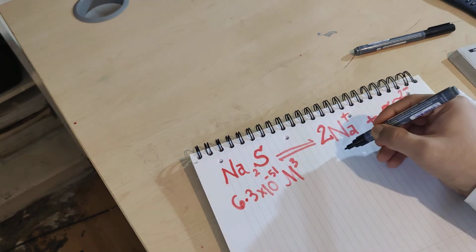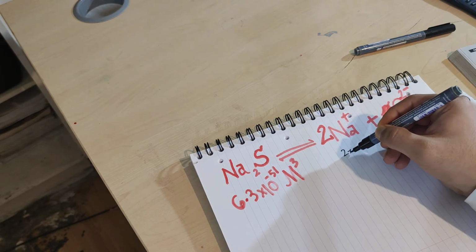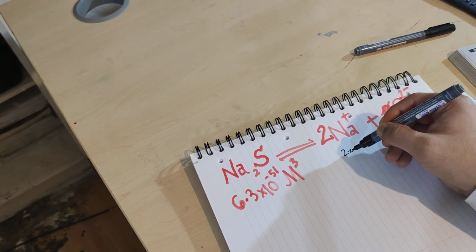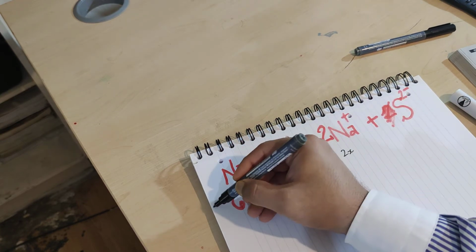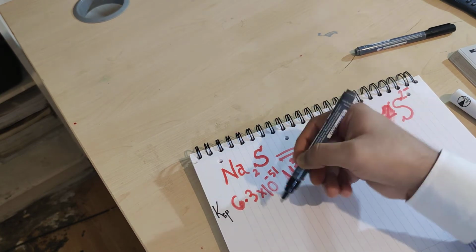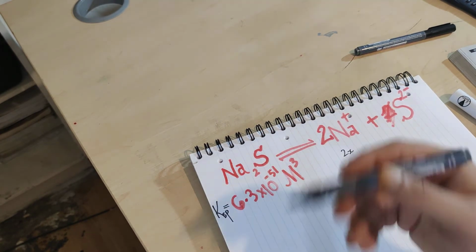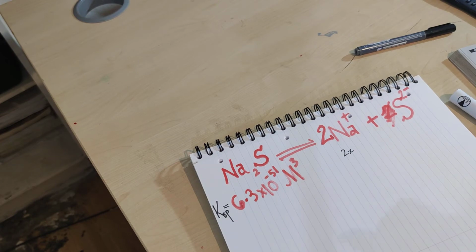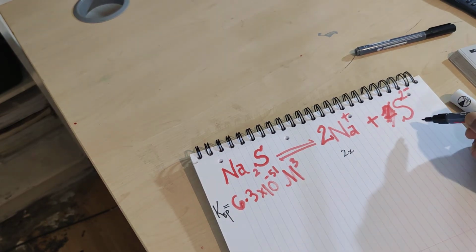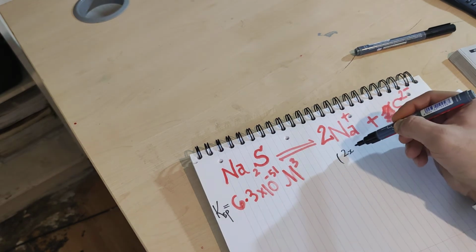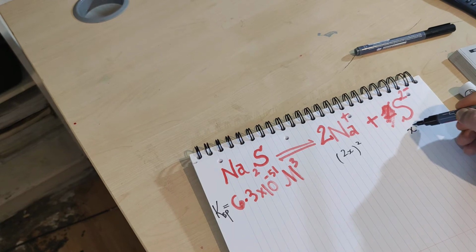So this would be 2x. Sorry, not the concentration, obviously, please don't confuse it. For the actual eventual answer, this would be 2x, and you'll have to square it in the end, and this would be x.